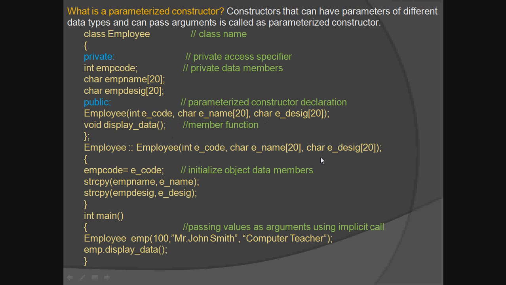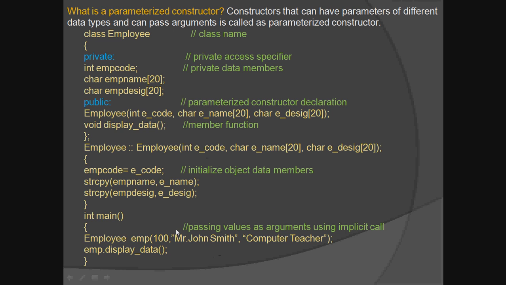If you go back to the main function, you can see that the class is declaring an object emb. This object emb is passing these arguments, that is 100, Mr. John Smith, and computer teacher, to the constructor.